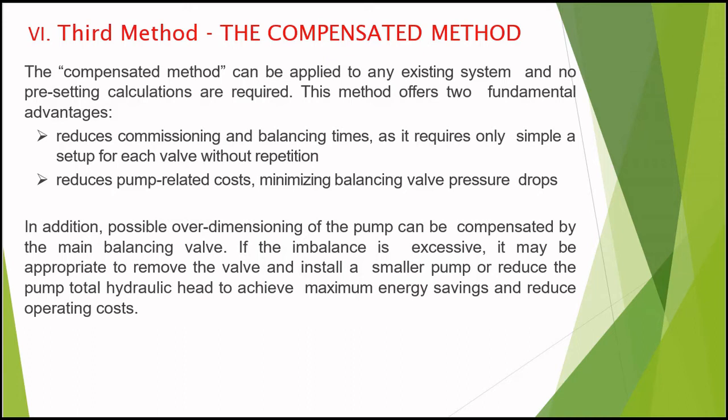Second, it reduces pump-related costs, minimizing balancing valve pressure drops. In addition, possible over-commissioning of the pump can be compensated by the main balancing valve. If the imbalance is excessive, it may be appropriate to remove the valve and install a smaller pump or reduce the pump total hydraulic head to achieve maximum energy saving and reduce operating cost.